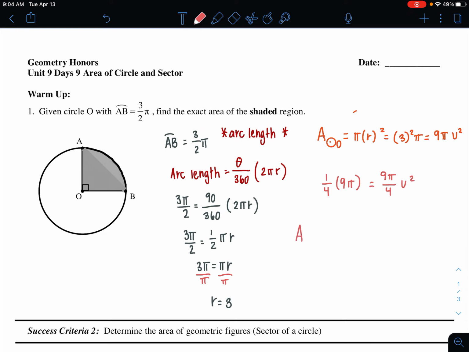So we can say that the area of my shaded region is 9 pi over 4 units squared. If you have any questions, please jot them down now so you can ask me tomorrow.